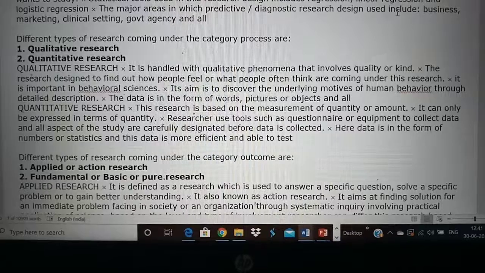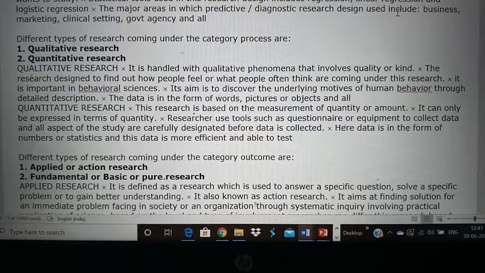Then the next type of research is based on the process. Based on the process, there are two types of research. Process means how we do research. One is qualitative research and the other is quantitative research. There's a little difference. Qualitative is usually based on the behavior or what people think.